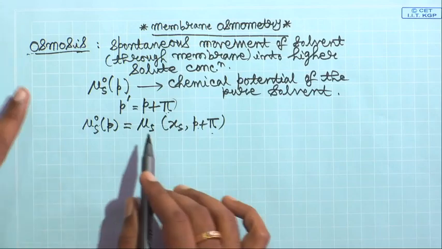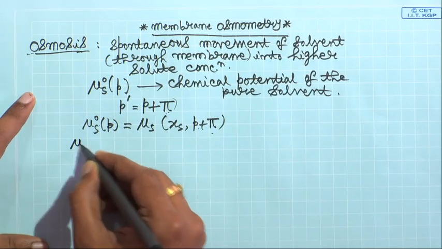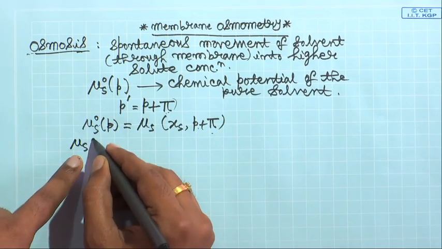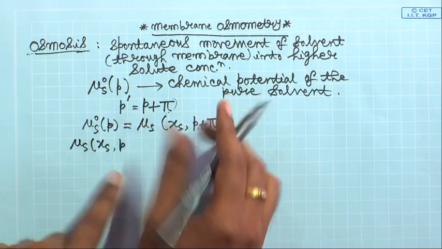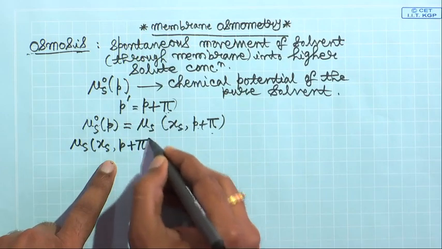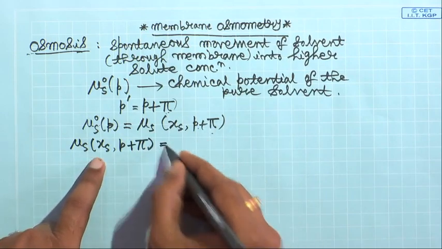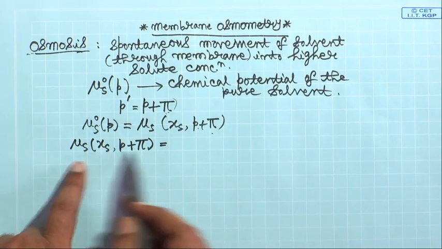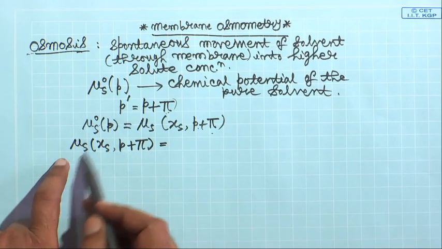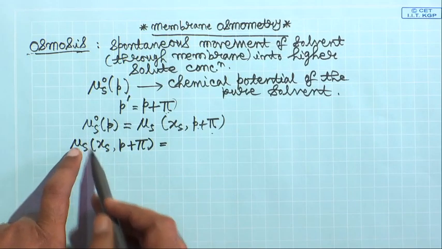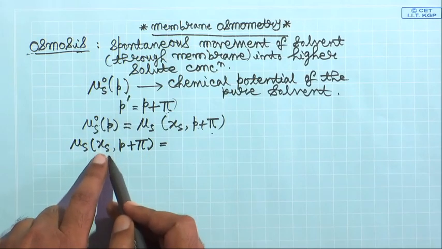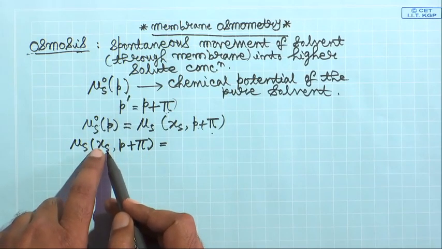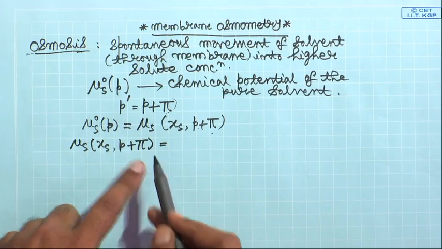Now, the general expression of a chemical potential term is, x s. Actually, we want an expression here so as to simplify the matters further. So, mu s basically is the chemical potential of the solvent in solution. In the bracket we are trying to designate the main properties, x s is the mole fraction of the solvent in solution, P plus pi is the pressure on that side.